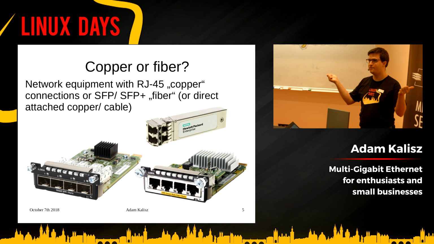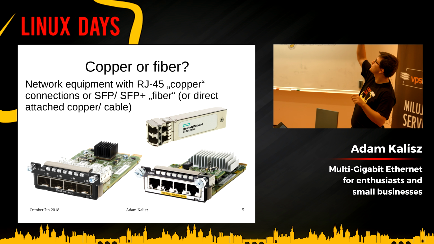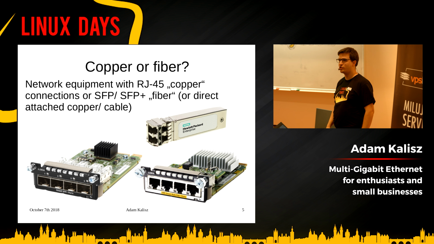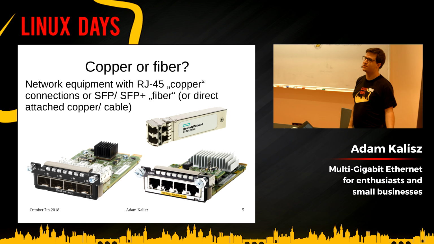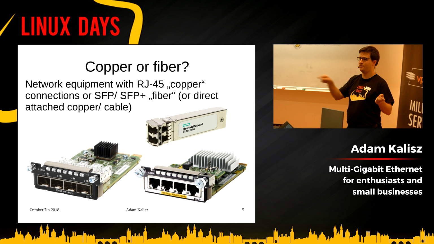Those cables that are copper but have those transceiver ends are called direct attached copper or direct attached cable. And mostly if you buy from original equipment manufacturers, those are way cheaper than buying 2 optics and a patch cable. But if you buy a third party, it might be similar.